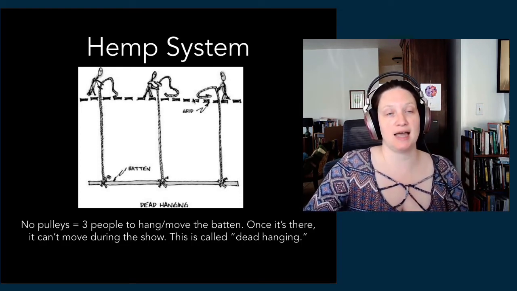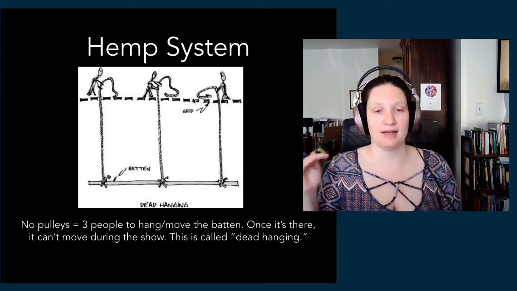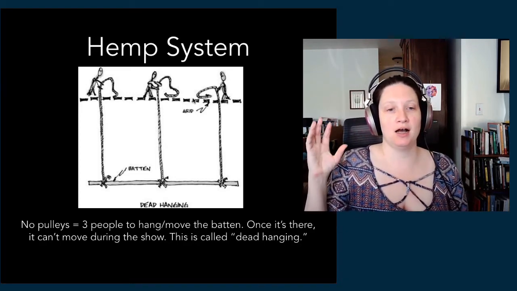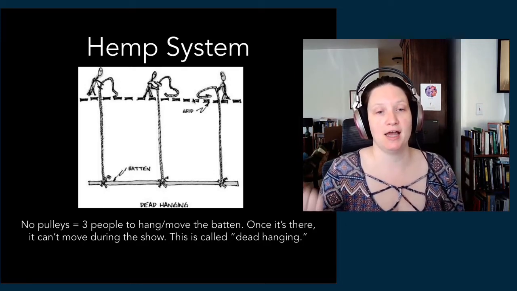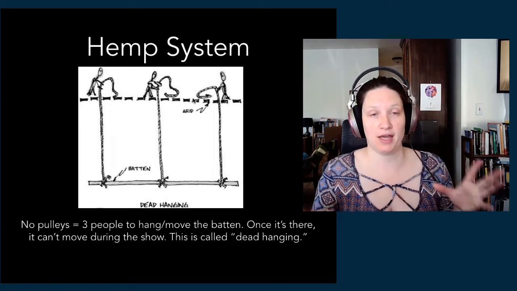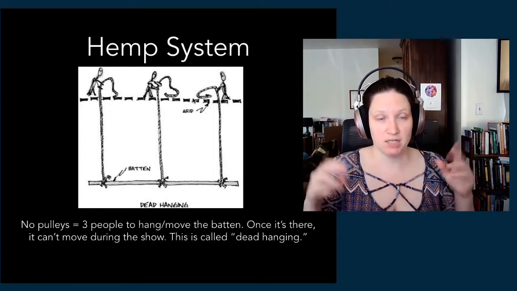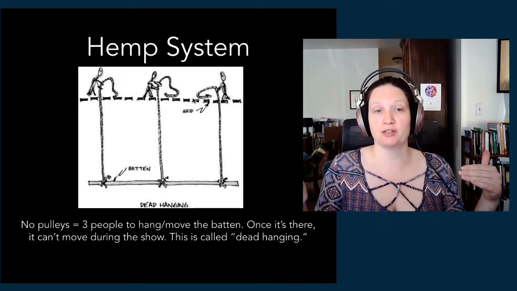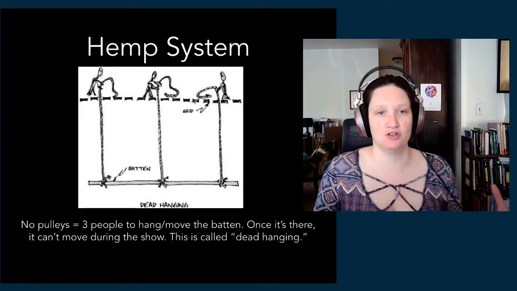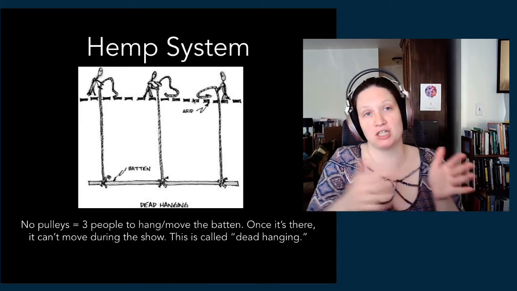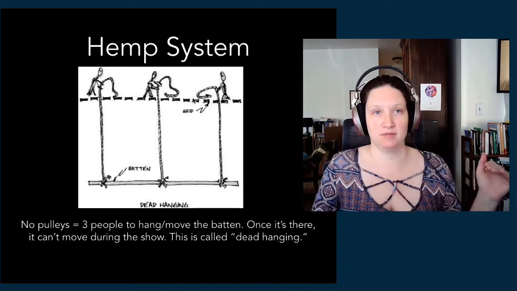And once it is at the working height or at the final height, the set height for the show, it does not move during the show, and they tie it off to the grid, and this is dead hanging, okay? So when each pipe is permanently tied off, doesn't move during the show, that's a dead hung pipe. And in this situation, you need much labor, right, in order to raise it, adjust it, and set its permanent height.